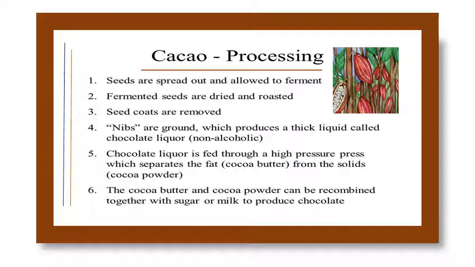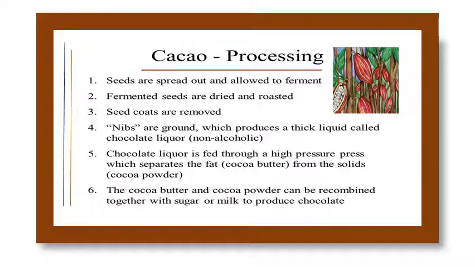Once nibs are obtained, they are ground, which produces a thick liquid called chocolate liquor. Chocolate liquor is non-alcoholic. Chocolate liquor is fed through a high-pressure press which separates the fat from the solids.